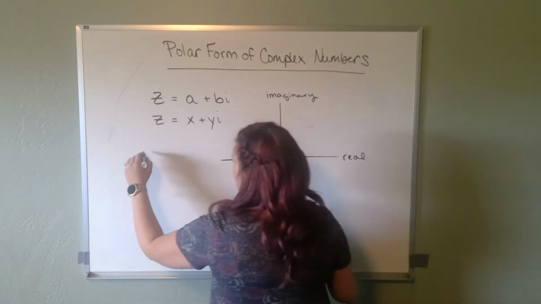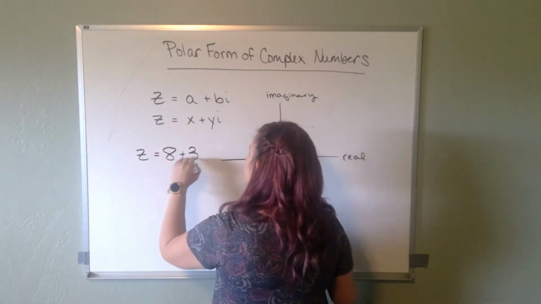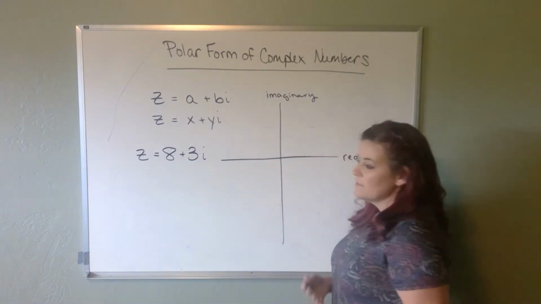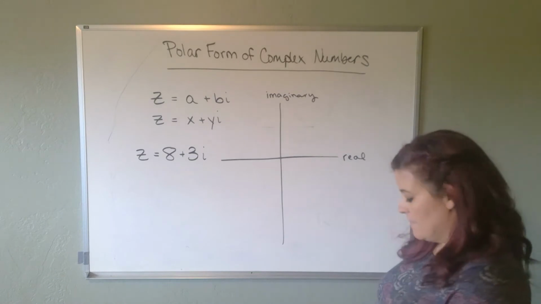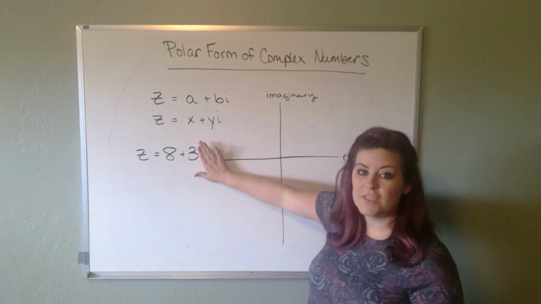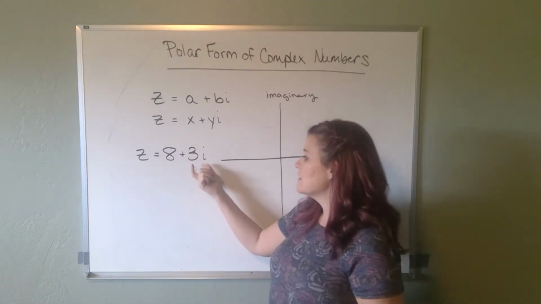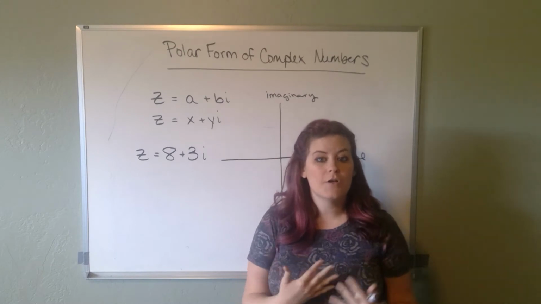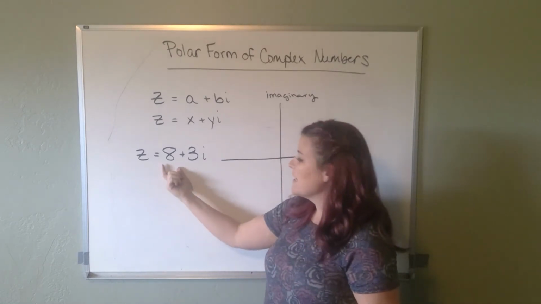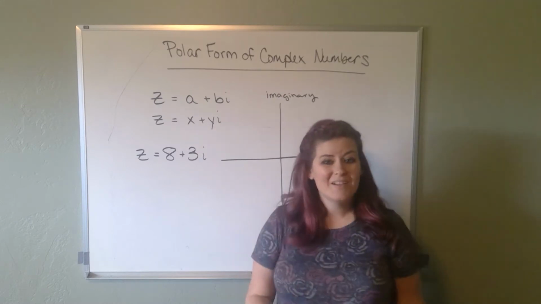So let me give you an example of a complex number we could plot. Let's say we have Z equals 8 plus 3i. So when you're plotting, you actually don't do anything with the i. The i being there with the 3 just means that the 3 is what we call the imaginary part of this complex number. The 8 is the real part. In order to plot something, I need coordinates.